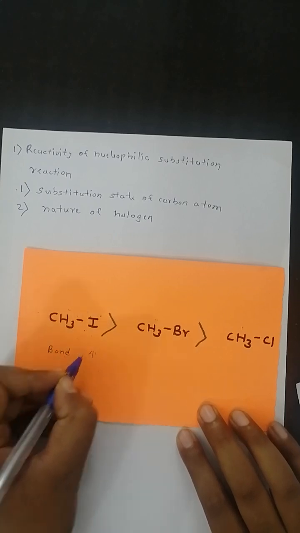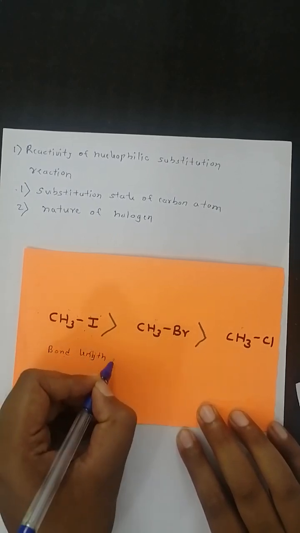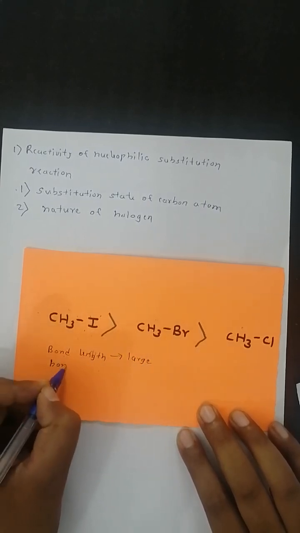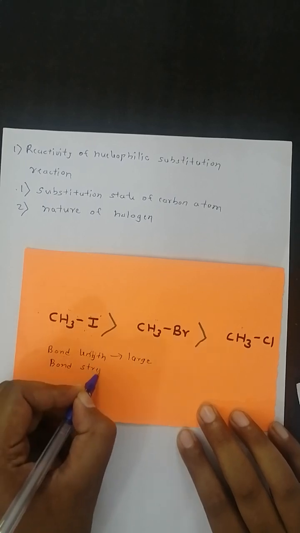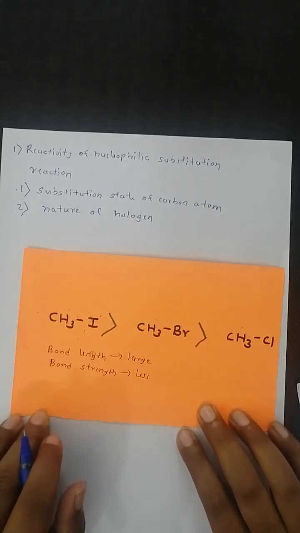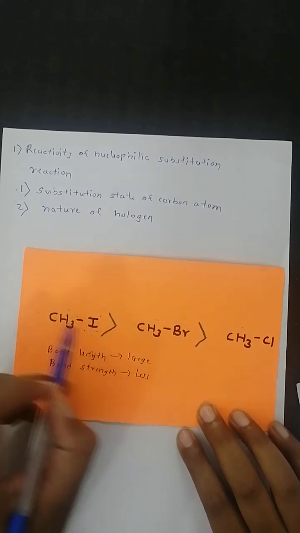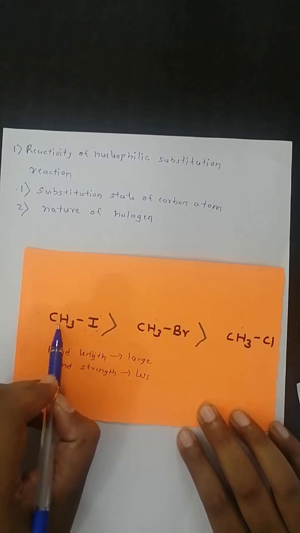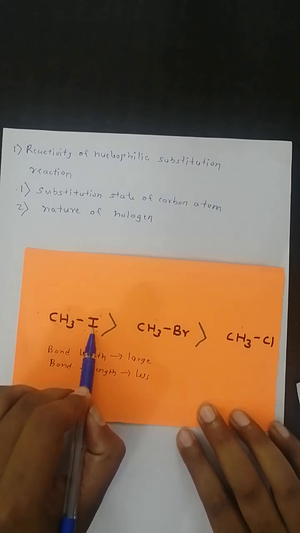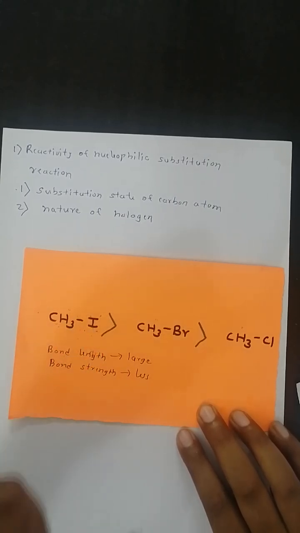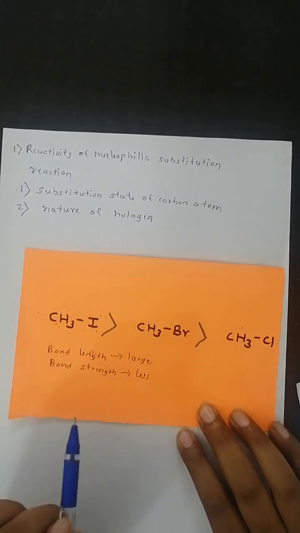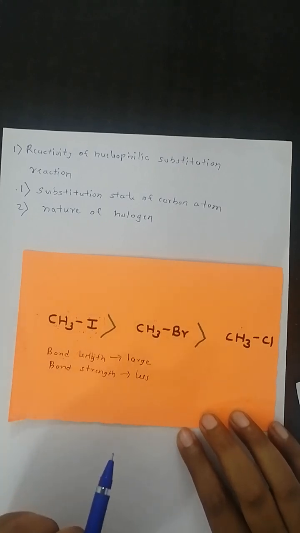So less energy is required to break the bond between carbon and iodine. Due to this, iodine separates out easily, and to the position of iodine the nucleophile easily attacks.